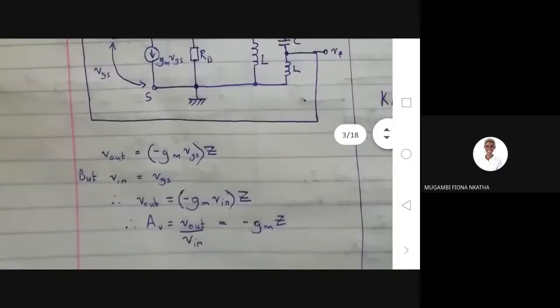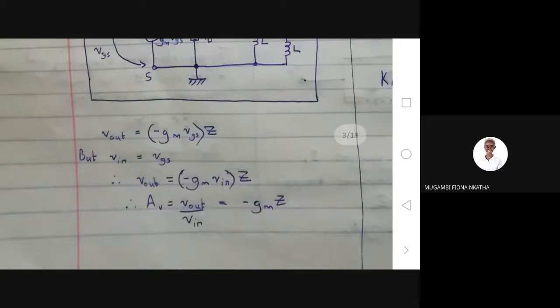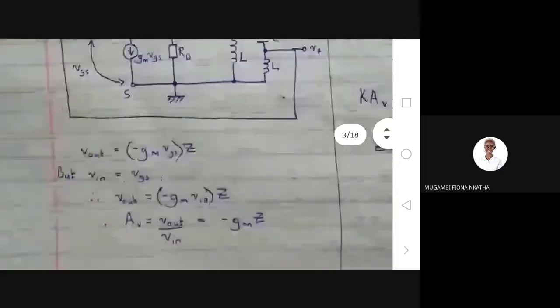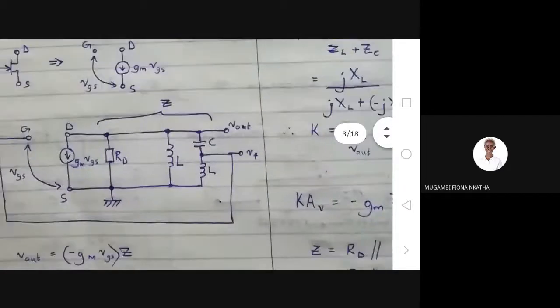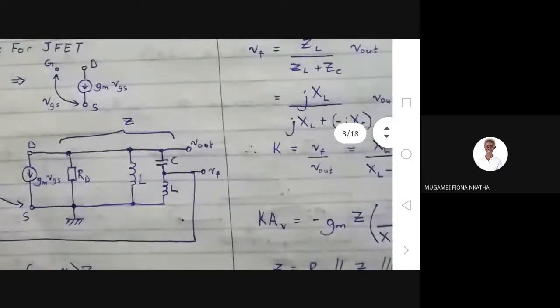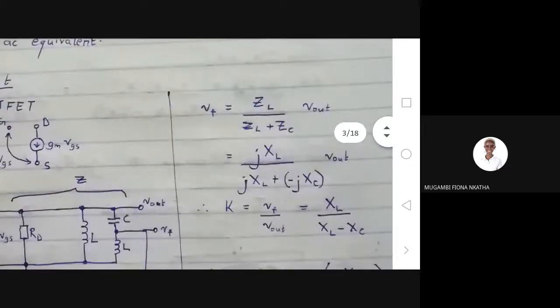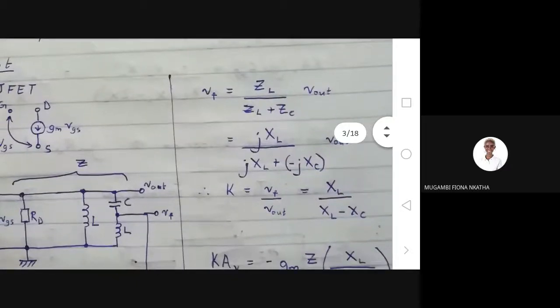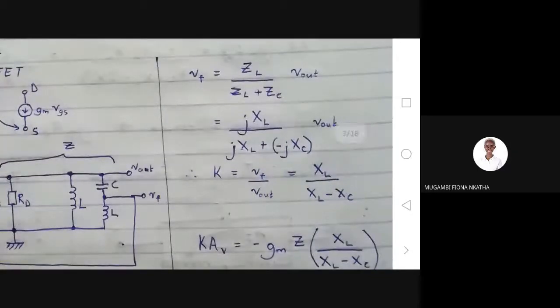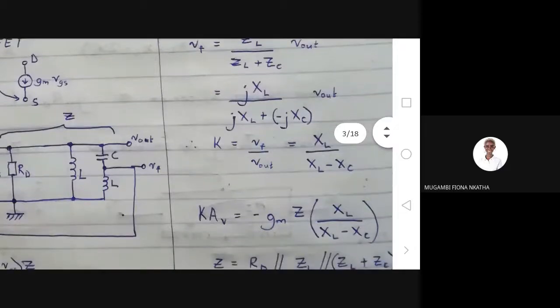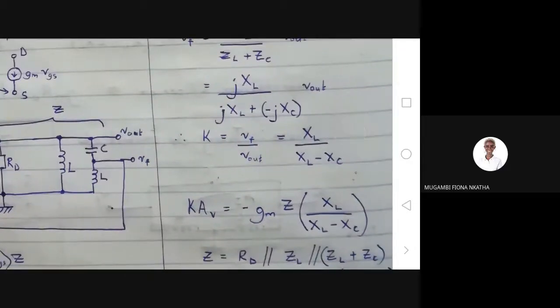So we can get AV as V out over V in. From here, we can also see what the feedback voltage will be. It's the drop that will occur at L, so it's ZL over ZL plus ZC times V out. You can replace ZL with the J reactance for all of them and get K, which is the feedback voltage over the output voltage. Then you can multiply the two to get KAV.